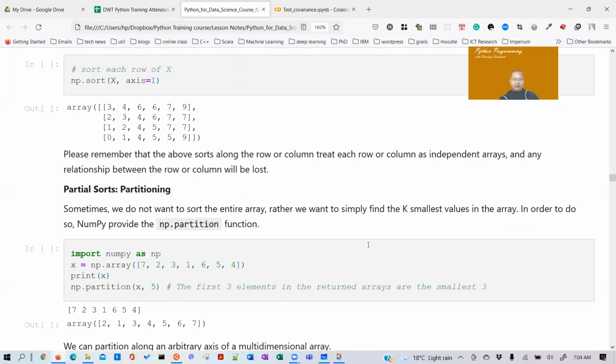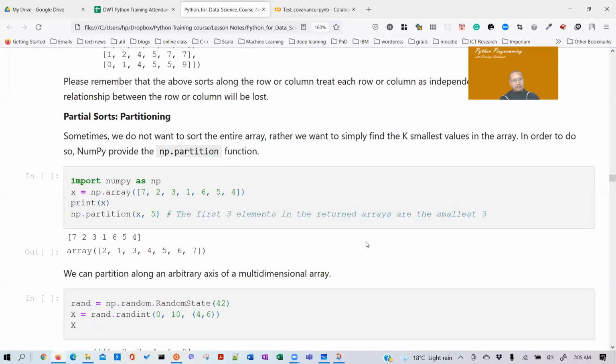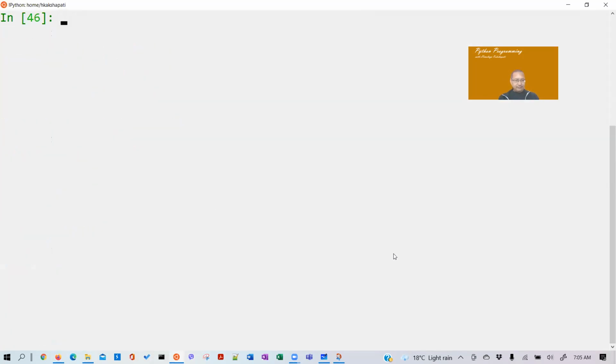All right, so there's something called partial sort, or also called partition, or partitioning.